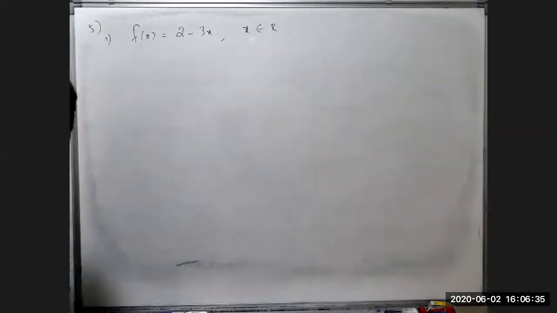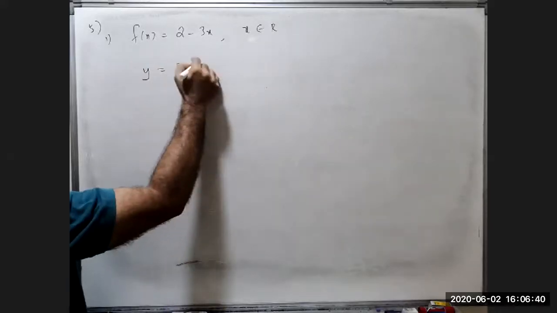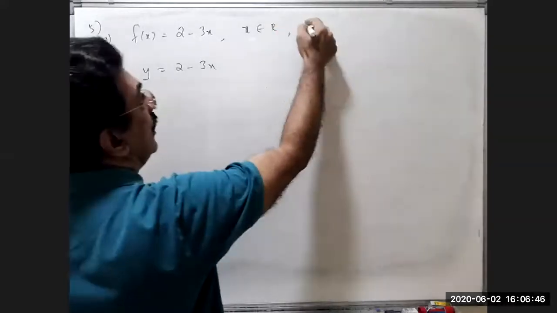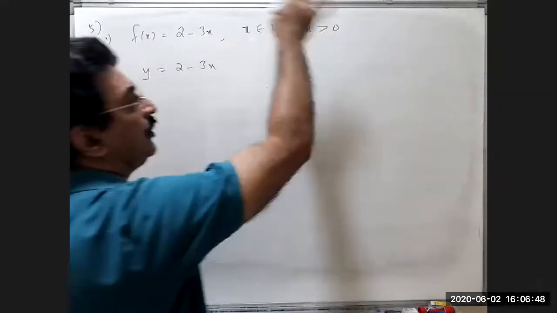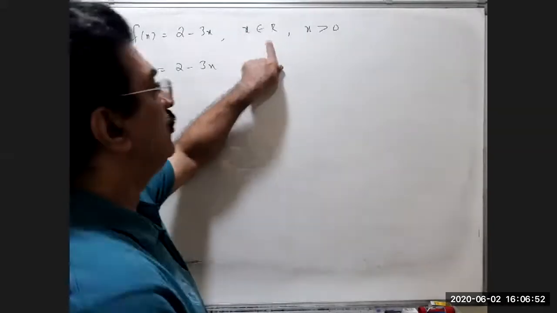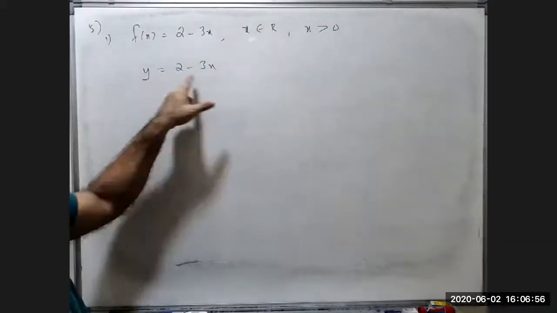Again, for finding the range, we write y is equal to 2 minus 3x. And x is a real number, and x is greater than 0, which means x is positive. These are the given conditions.